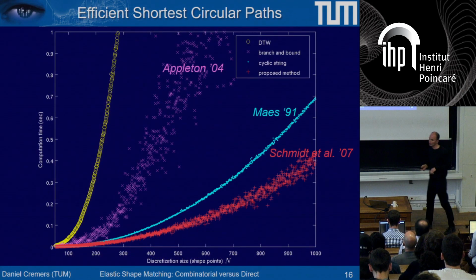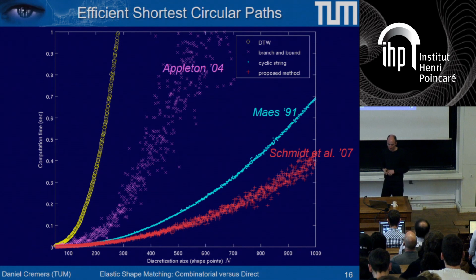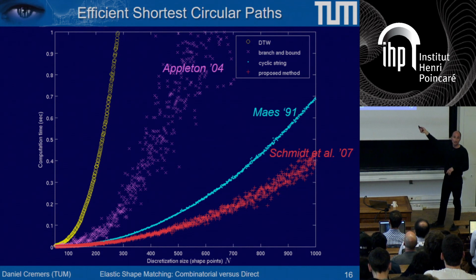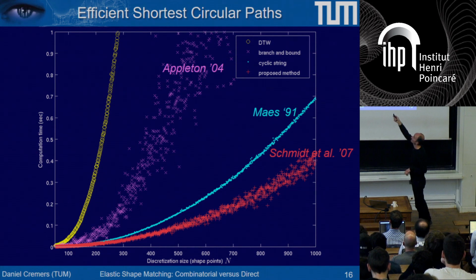And in fact, here's a comparison to alternative algorithms that people have proposed in the literature. This is the n cubed complexity, exactly n cubed here, and this is the algorithm that we propose. Here, sorry, this is the number of points on the shape, and here's the runtime in seconds. And this makes a difference if you have very high resolution shapes with thousands of nodes, then you don't want to do n-cubed algorithms, obviously.